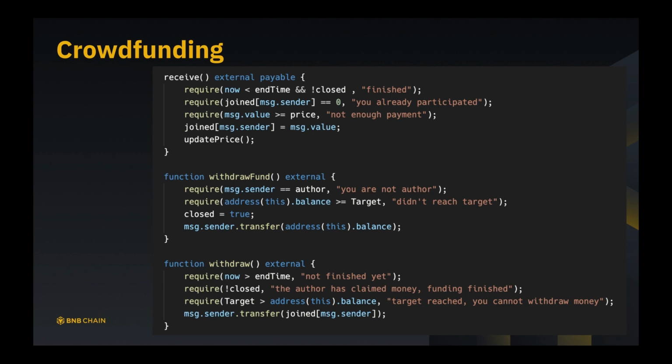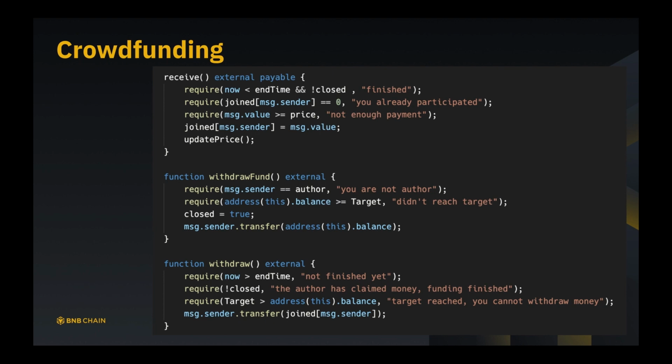Then there's a receive Ether function, which is the major objective for the crowdfunding contract. Recall that what we do with a receive Ether function is that we do not have the function identifier, and we say receive and then external payable. First we require now is smaller than end time and it hasn't been closed.